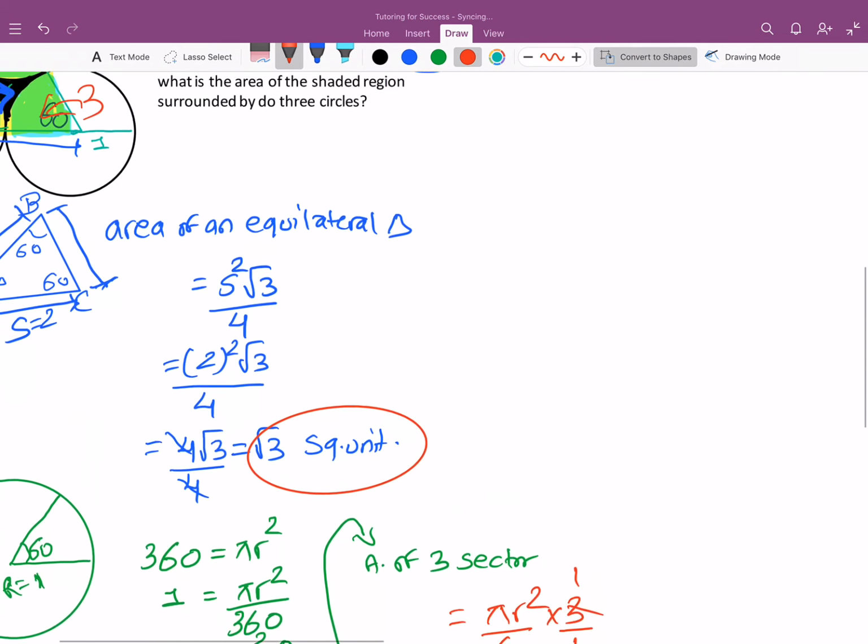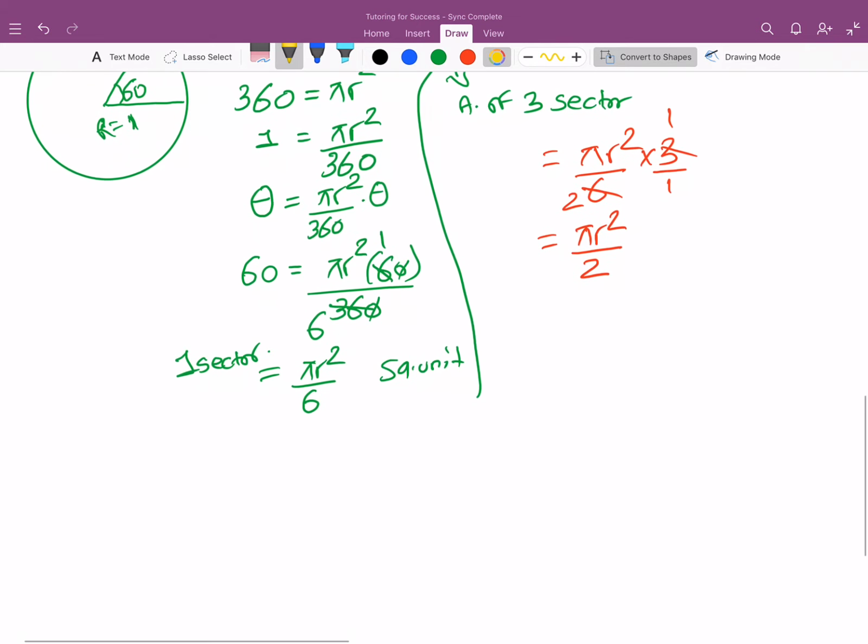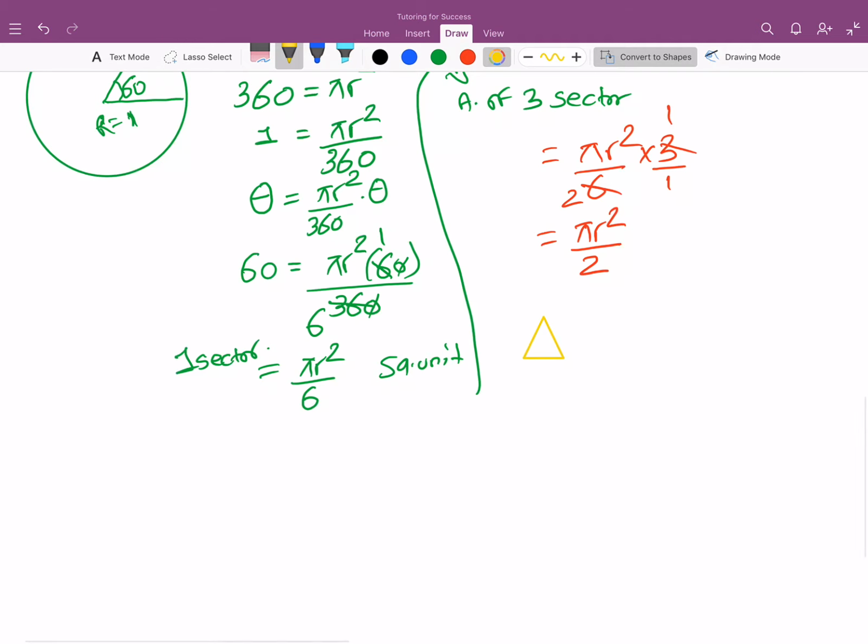Like we discussed before, if I have the area of a triangle and I have the area of my sectors, I just subtract the sector area from the triangle area.